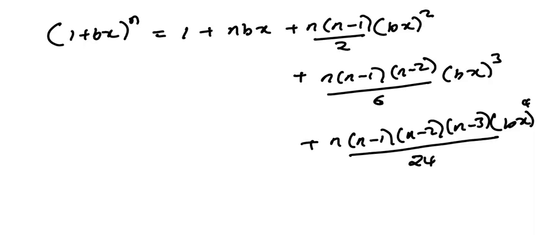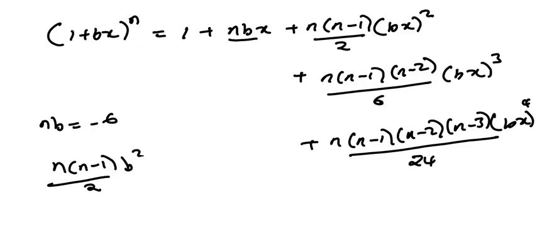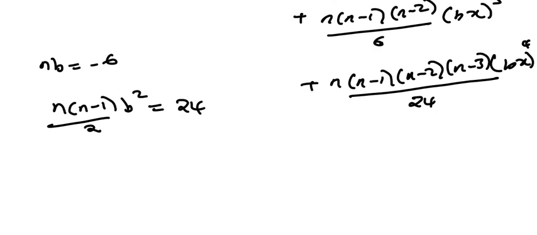So if we take nb to be negative 6, that's what we're going to take it as. Then here, this whole part is n minus 1, there is a 2, then there's a b squared. We're saying this is 24, because that's the coefficient in front of x squared. Then if we solve it like this, it should make sense.